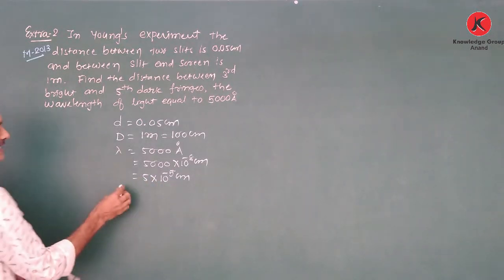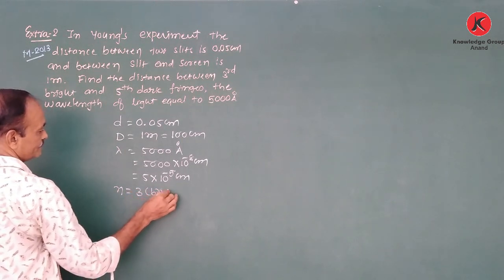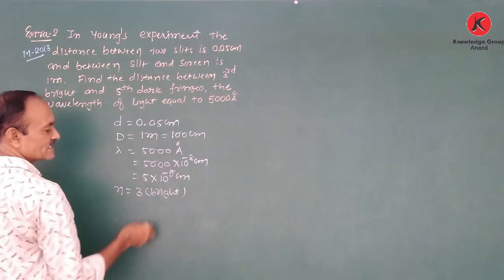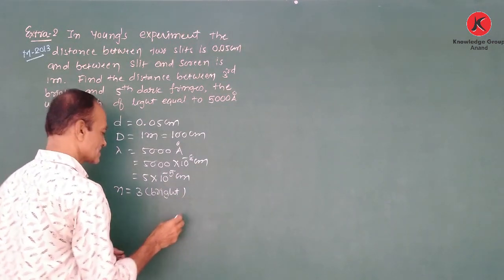Now here, n is equal to the third dark fringe, and the distance from the central maxima is x3.